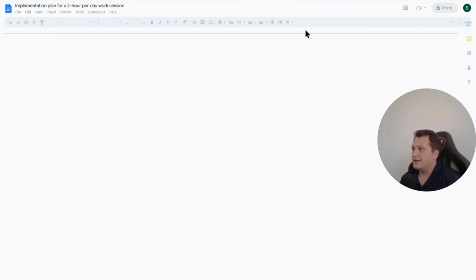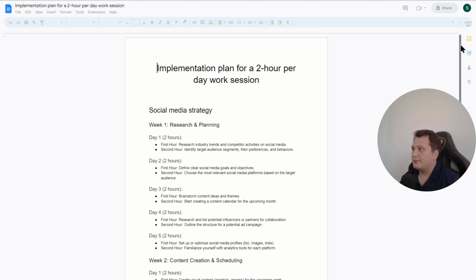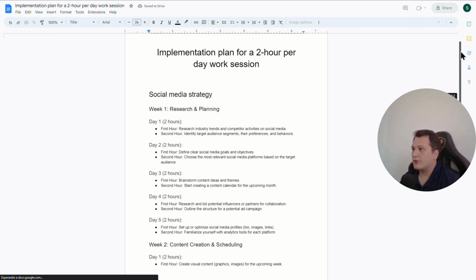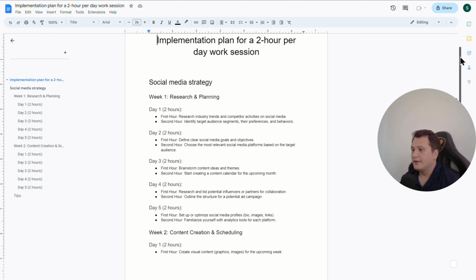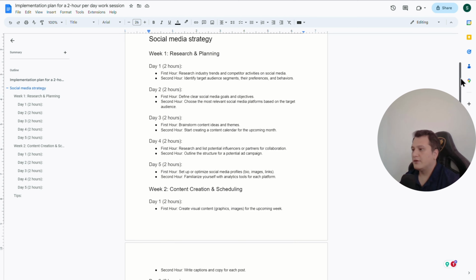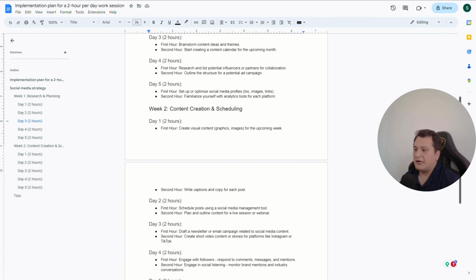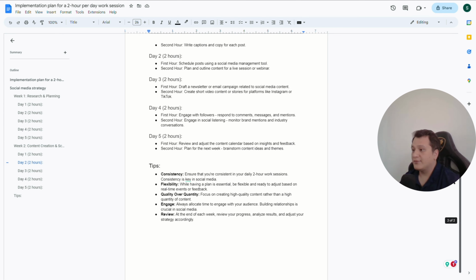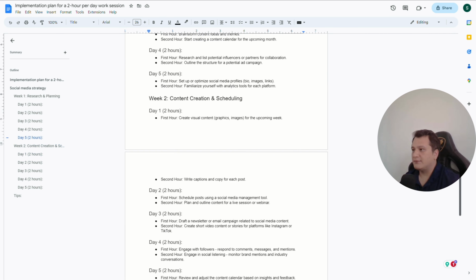I asked ChatGPT how I can implement this in the 2-hour work session that I have per day. And the chat laid out the first hour, the second hour, how I can work in those hours, and the tips that I need to really implement the process.